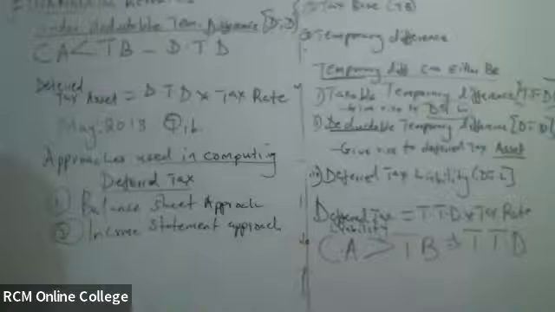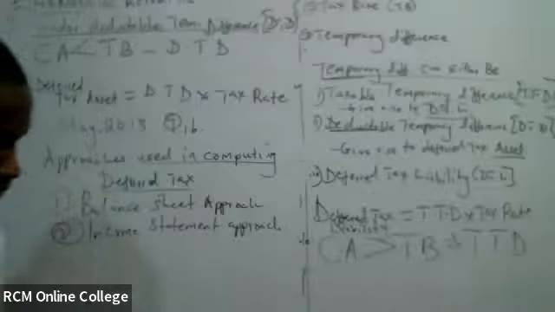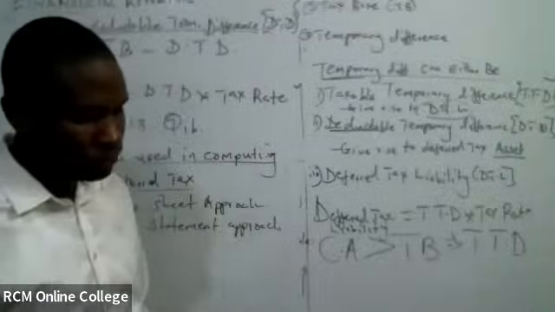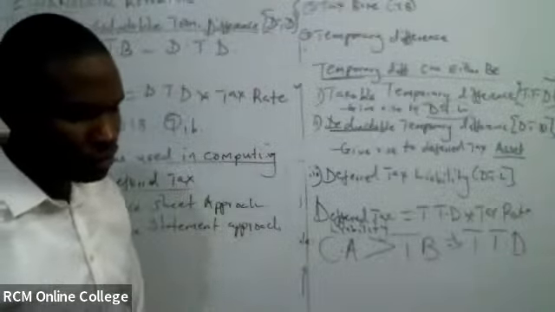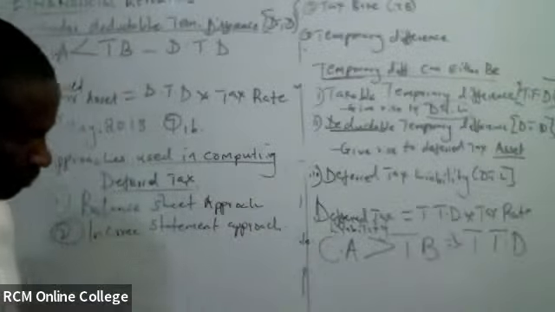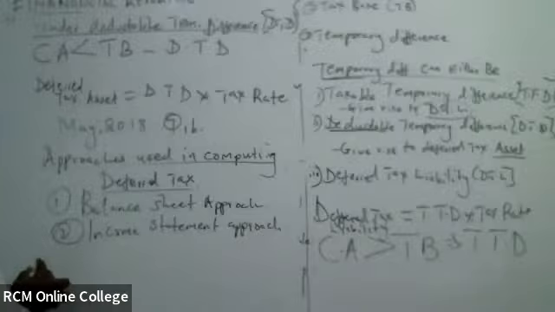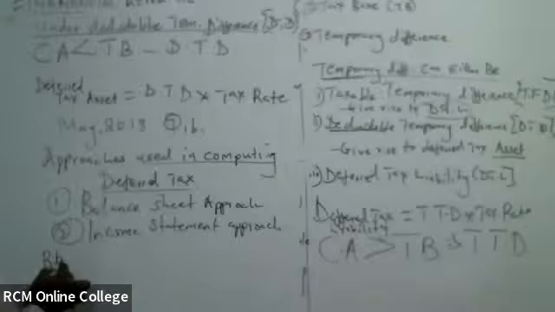So there are those two approaches used in calculating or computing this. So the balance sheet approach, just write this: deferred tax is computed using the temporary difference.